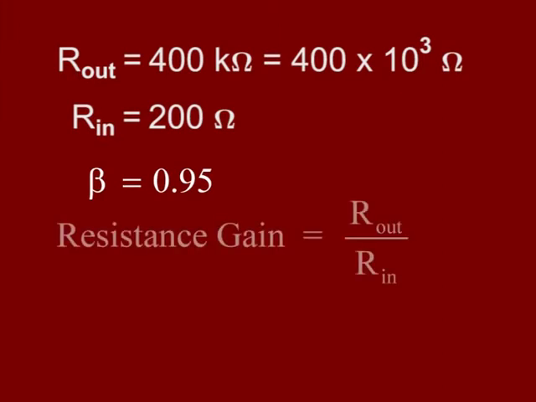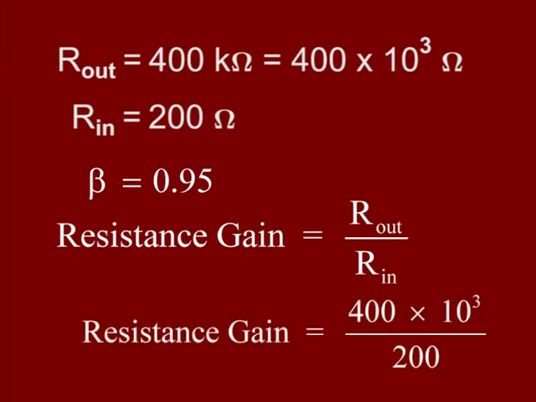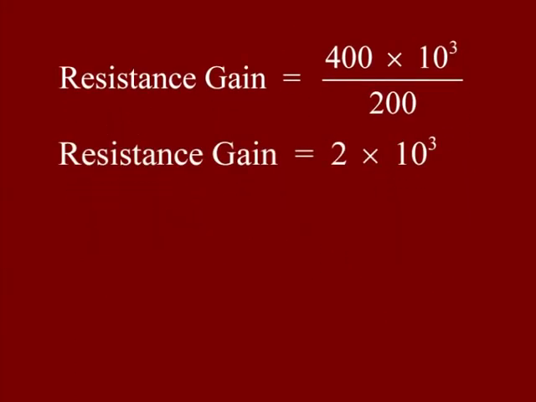We know that the resistance gain is given as the ratio of R out to R in. Putting the values of R out and R in in this relation, we write resistance gain is equal to 400 into 10 raised to the power 3 upon 200 ohm, that is 2 into 10 raised to the power 3.